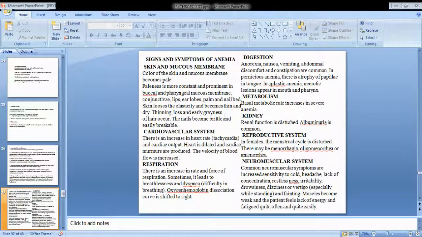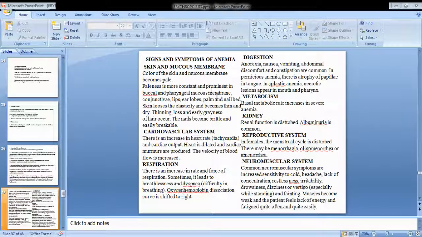Okay, so what are the signs and symptoms of anemia? We all know that very well. The eyes will be very pale, the nails will be very pale. The skin and the mucous membrane become pale. So you can find out very easily whether a person is suffering from anemia or not.